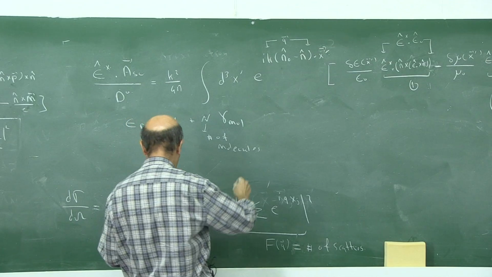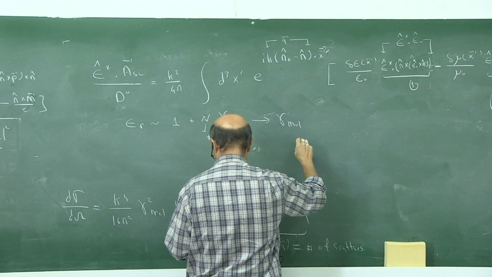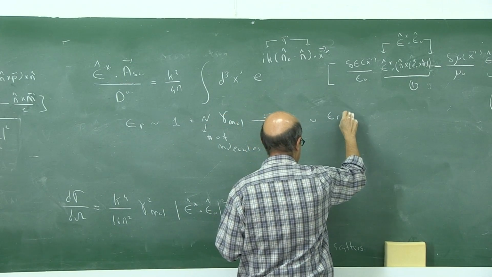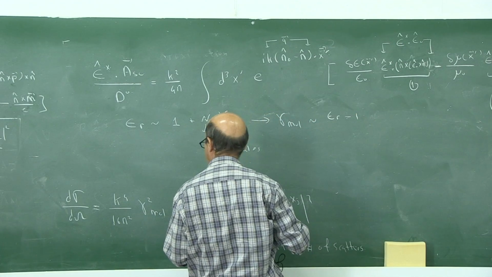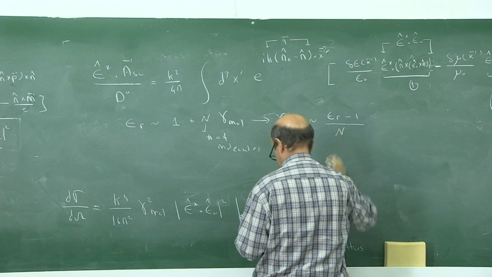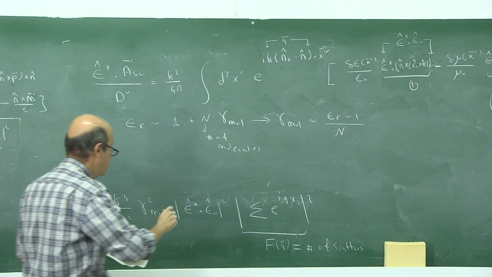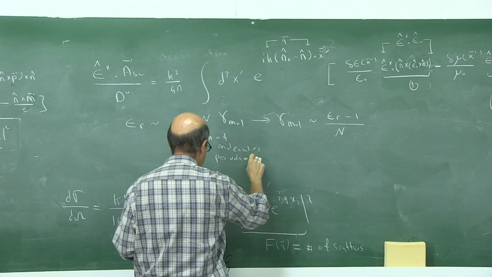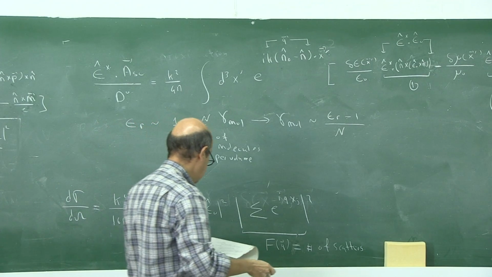So from here the gamma is the dielectric constant of the air minus 1 over the number of molecules per volume. So take this and put it there. So we will get the following.